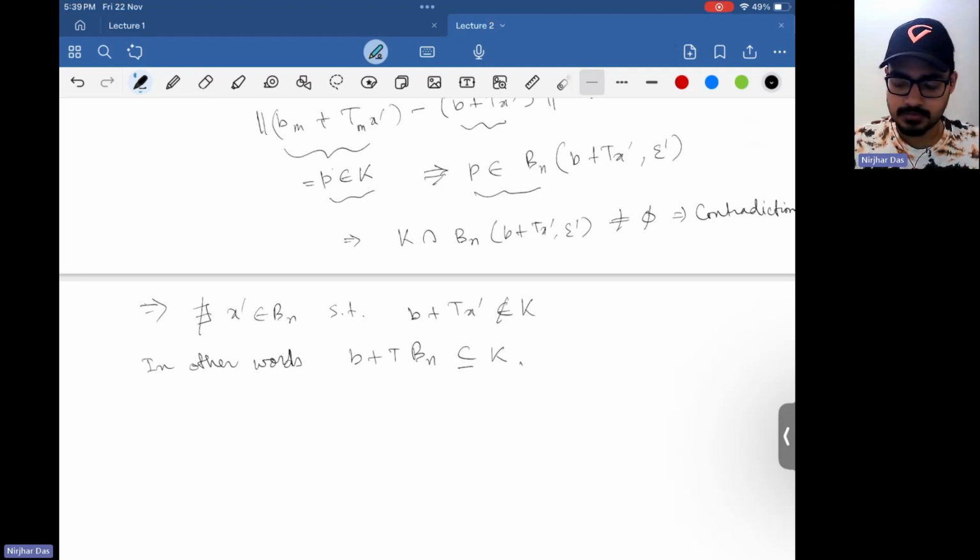What is the volume of this ellipsoid? The volume of this ellipsoid is determinant of T times vol of Bn.